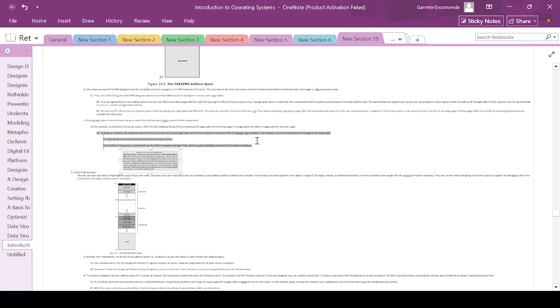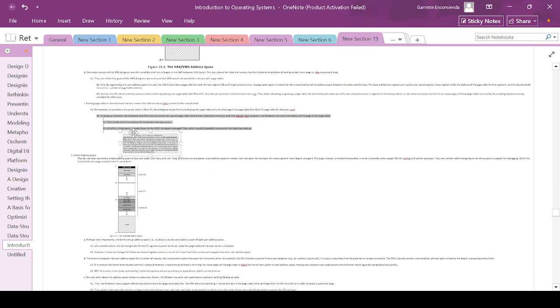With that translation complete, the hardware can learn the address of the page table. Only then can the hardware find the address of the page table of P0 or P1. Then finally, it learns the address of the desired memory access.